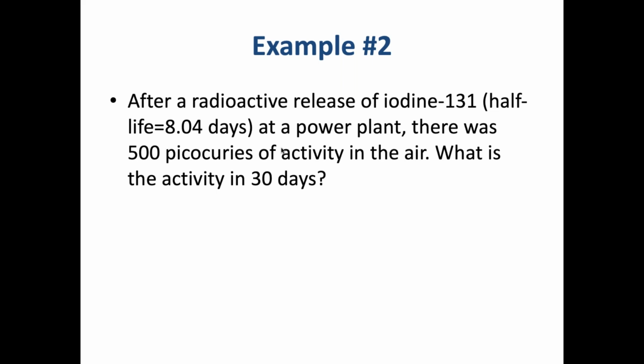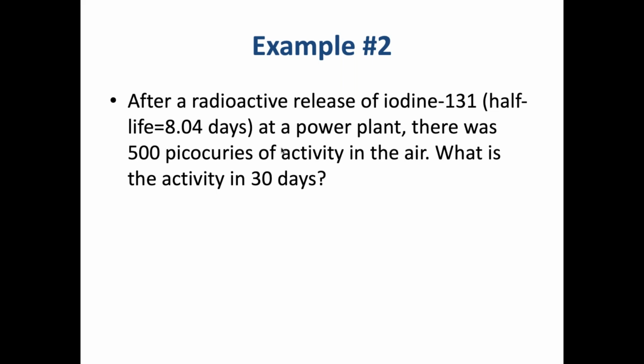What is that? That means the number of disintegrations you're getting per second is actually that picocuries is really thousands of becquerels. So there's 500,000 disintegrations per second. Amazing, right? That you get that kind of stuff. 500,000, because remember, so we have 500 picocuries.